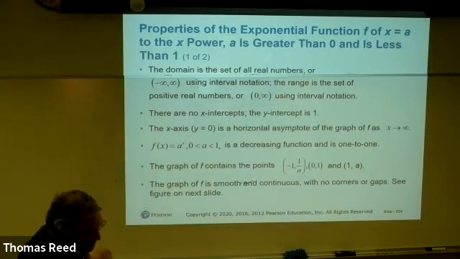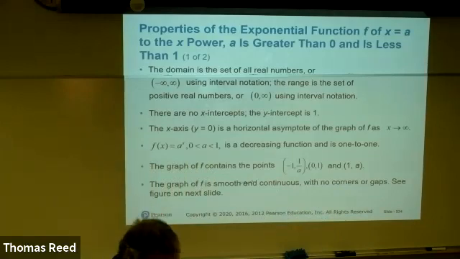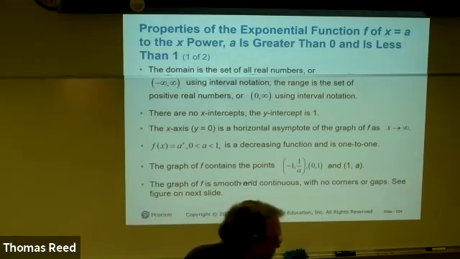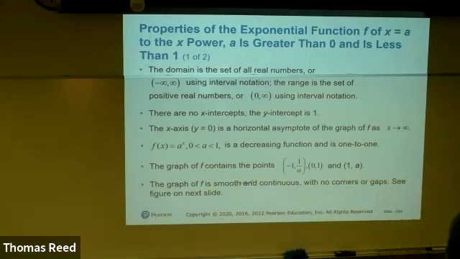All right, so the domain hasn't changed. The domain is all real numbers. There are no x-intercepts. Oh, and the range is all positive real numbers. So it's like when a is greater than 1. So here, the restriction is now that a is a fraction between 0 and 1.